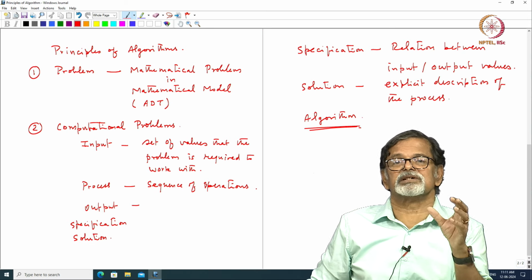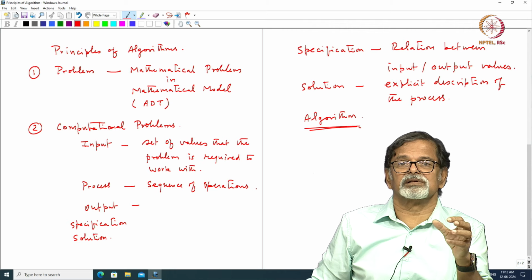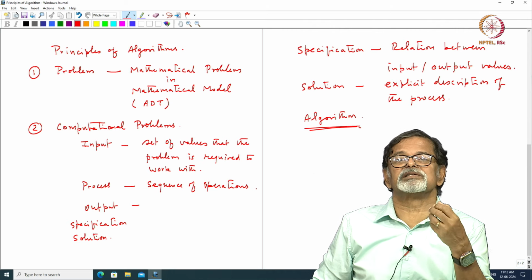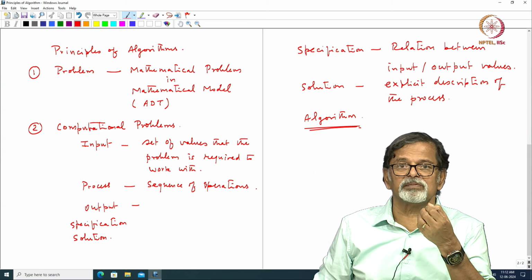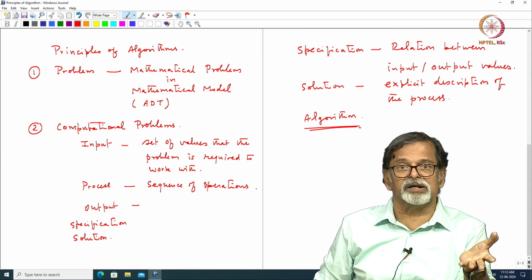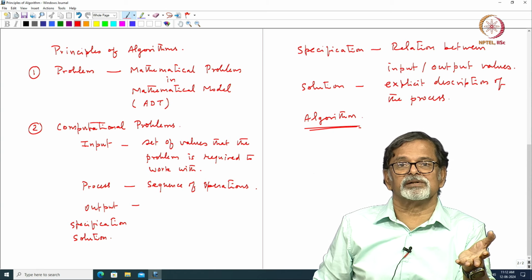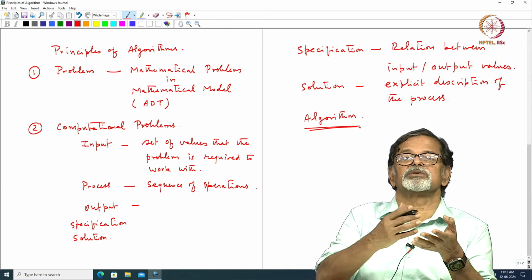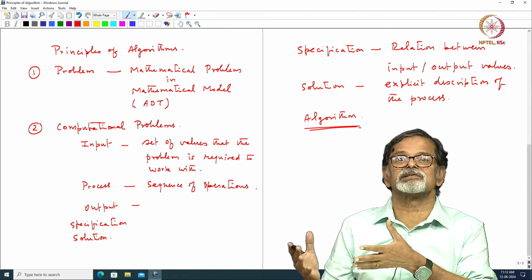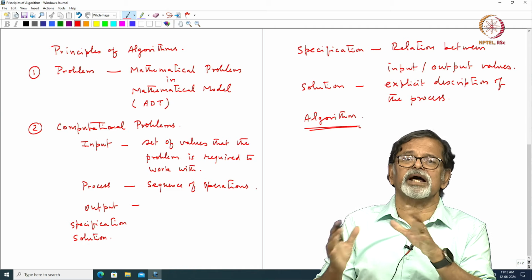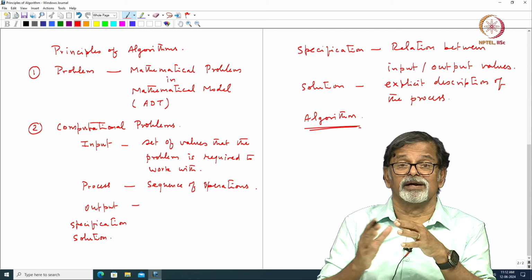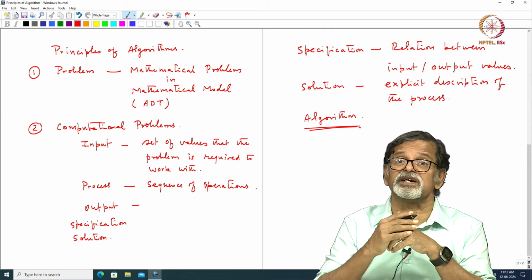So an algorithm consists of an explicit description of a sequence of operations to be performed on the input values. The execution of the algorithm produces output values. An algorithm is said to be correct if it meets the specification.